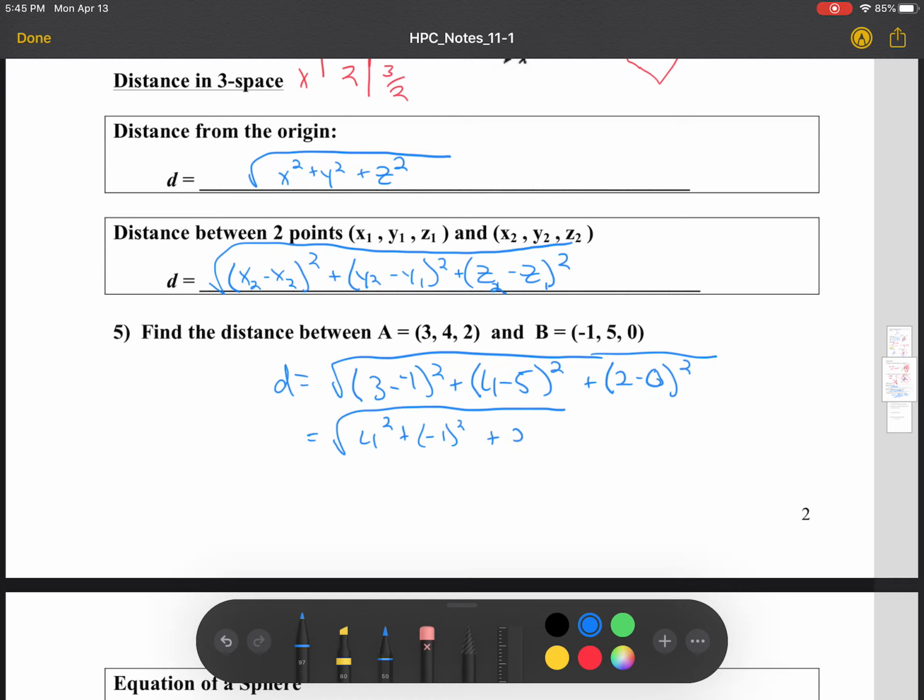Continue to simplify. Our 4 squared plus negative 1 squared plus 2 squared. Alright, leaves us with 16 plus 1 plus 4. So that leaves us with the square root of 21.